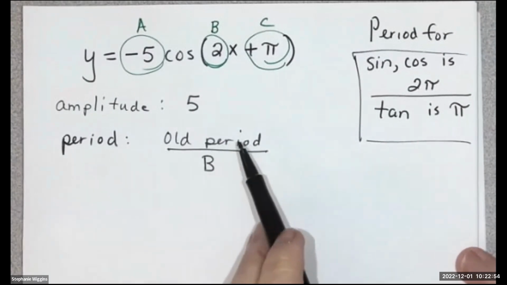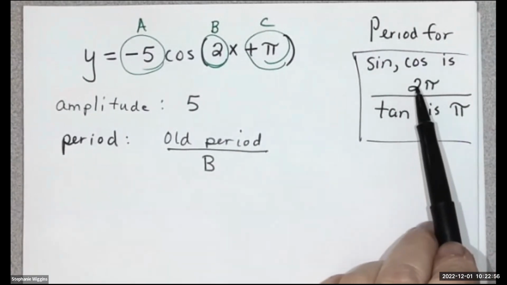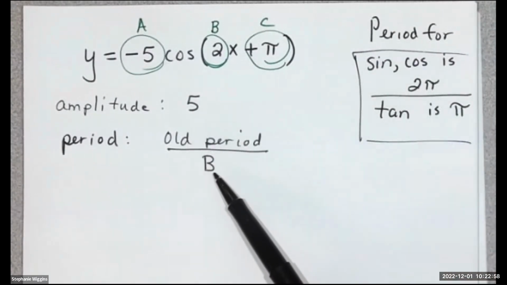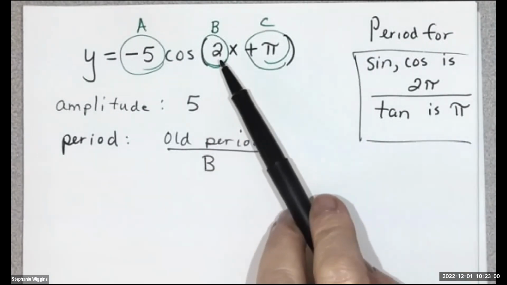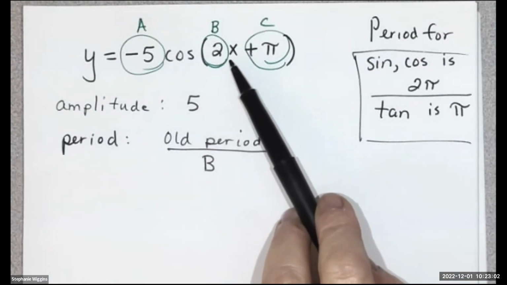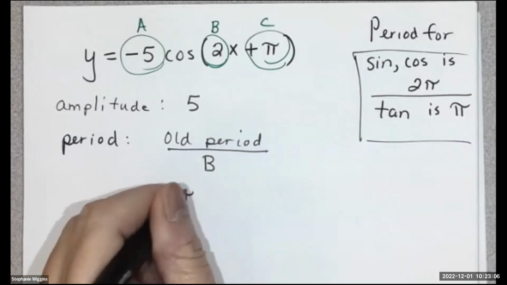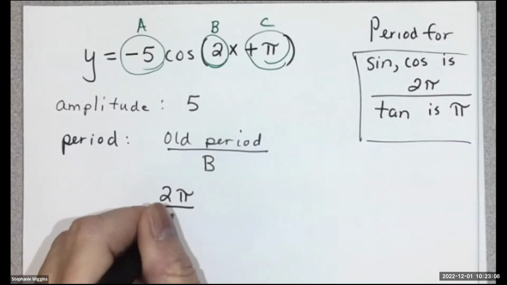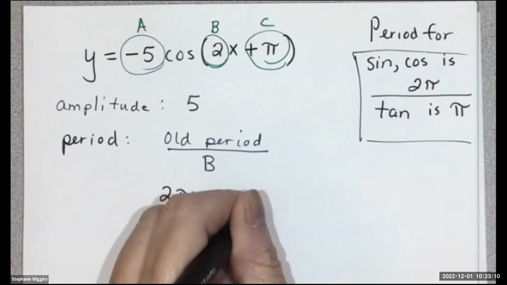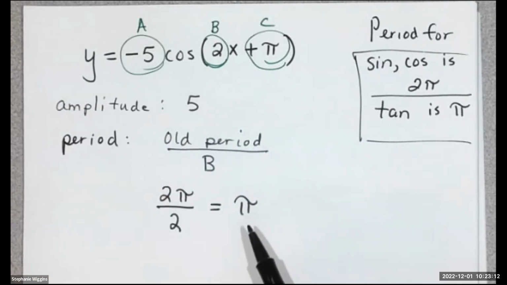So the old period, if you're talking about sine or cosine, it's 2 pi, and then you divide it by b. That's the constant in front of the x, is your b. So in this example, we have 2 pi over 2, which is pi. So this is the new period.